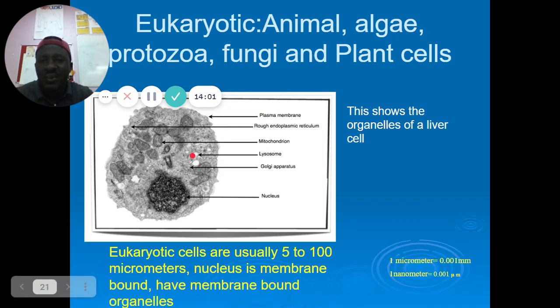Then we go to the mitochondrion, a sausage-like structure. Towards the end we see the rough endoplasmic reticulum and the plasma membrane outside.